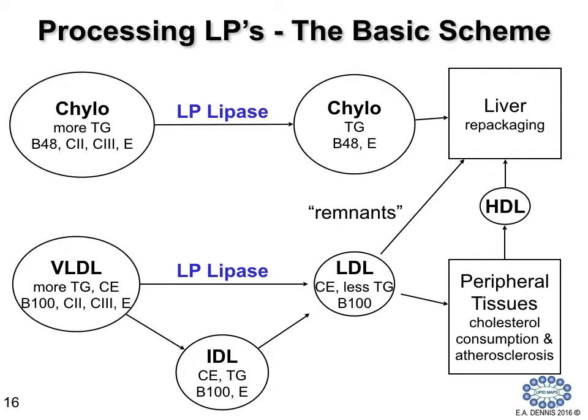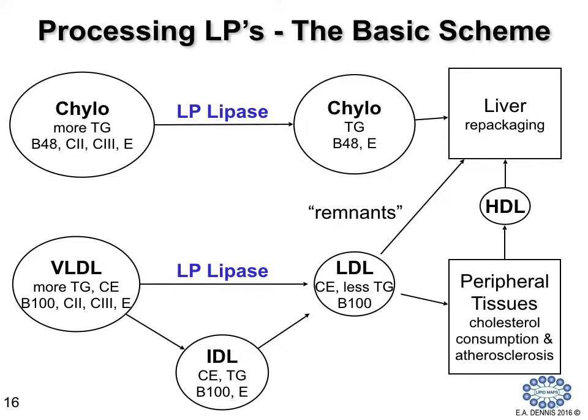To quickly summarize the scheme, chylomicrons, very rich in triglyceride, are degraded by lipoprotein lipases to make smaller chylomicrons that end up in the liver where the contents are repackaged.